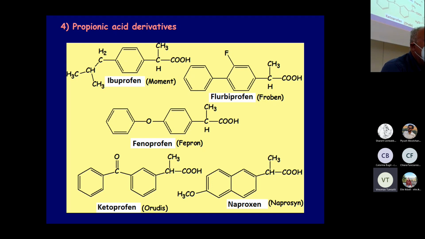In this case, we have a mixture, a racemic mixture. Why? Because it was observed that in vivo we can have a racemization, in vivo racemization.